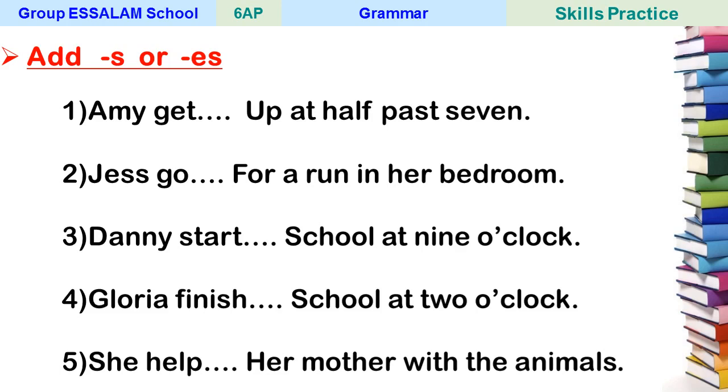And number 5, she help her mother with the animals. So please try to put s or es to the verb, alright? And we have already studied the rule, okay? We have already studied to which verbs we should add es to the third person singular, and to which verbs we should add s, and also to which verbs we should add ies. Okay, try please to revise your previous lessons.